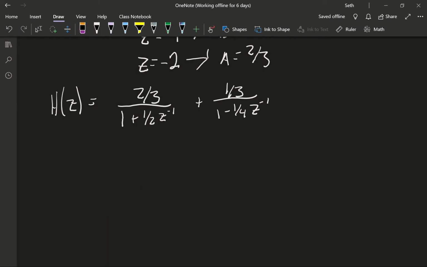So we know that our region of convergence is going to be an annulus.